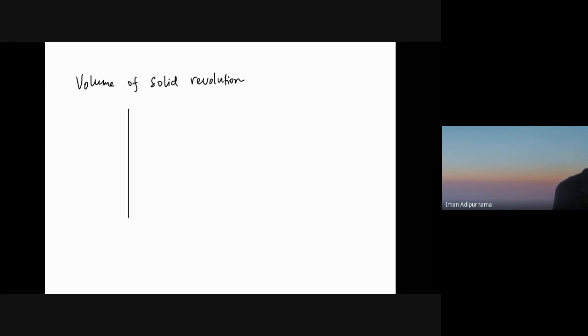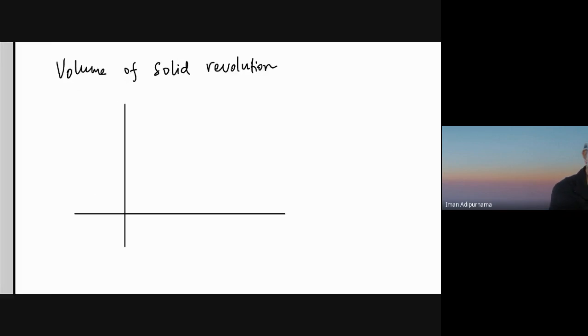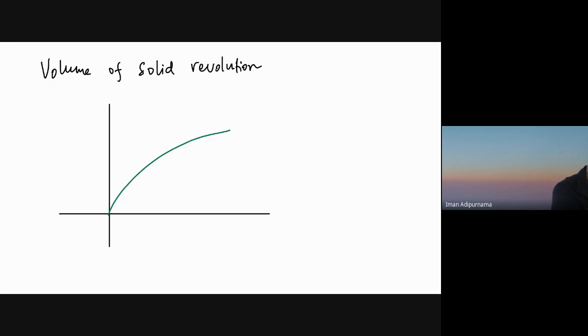For example, let's say we have y equals square root of x, and we want to evaluate from 0 to 1.